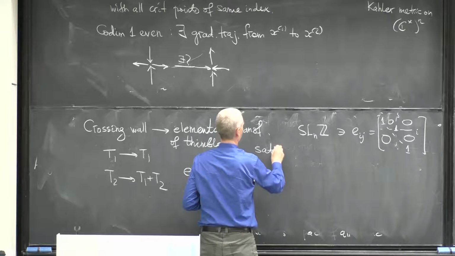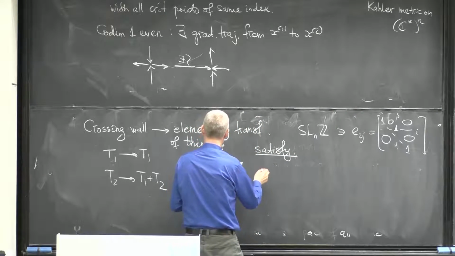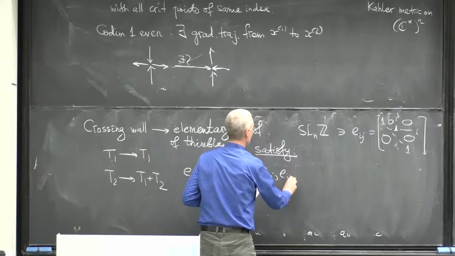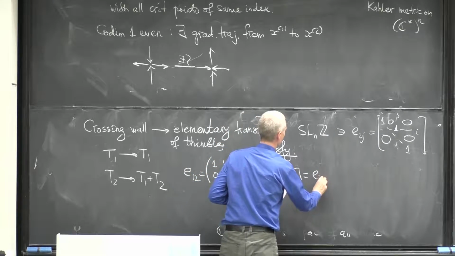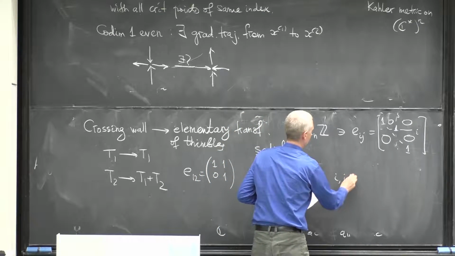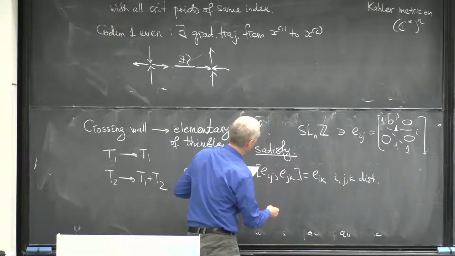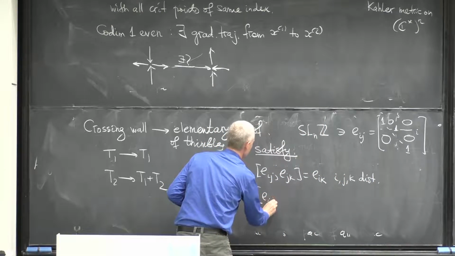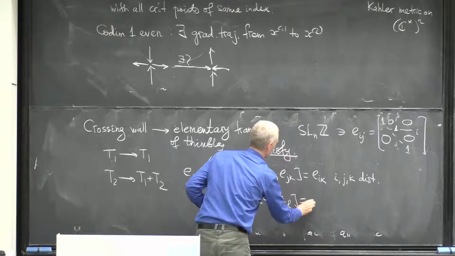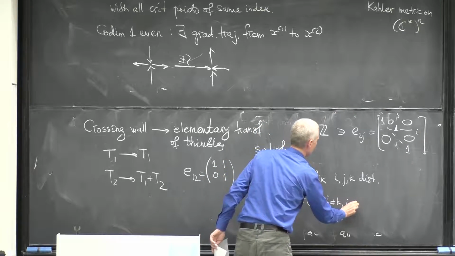First, if I take the commutator of Eij with Ejk, I get Eik, if i, j, k are distinct. Or if they don't know anything about each other, then they simply commute: the commutator of Eij and Ekl equals 0 if j is not equal to k and i is not equal to l.